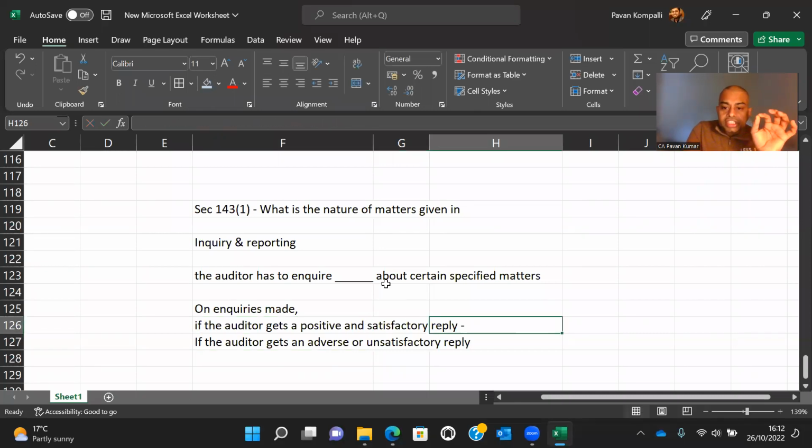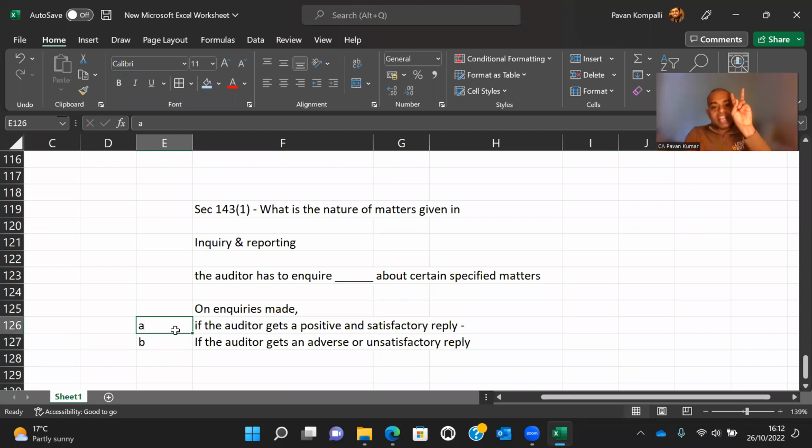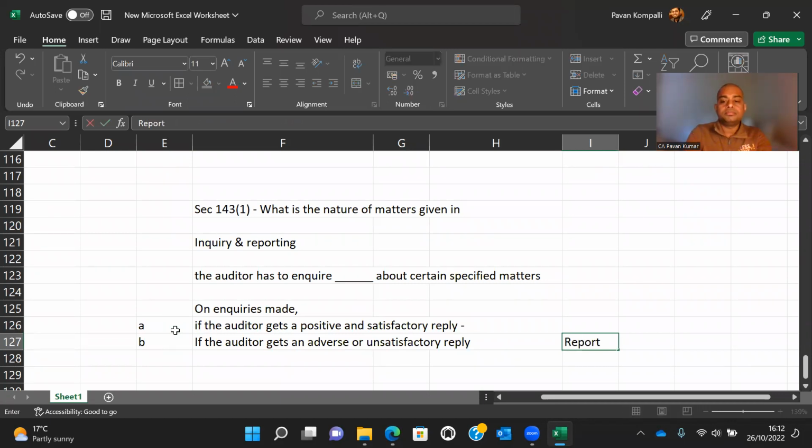Now, in these two situations, only in one situation will the auditor report. This is situation A, this is situation B. Situation B, report. Situation A, no need to report.